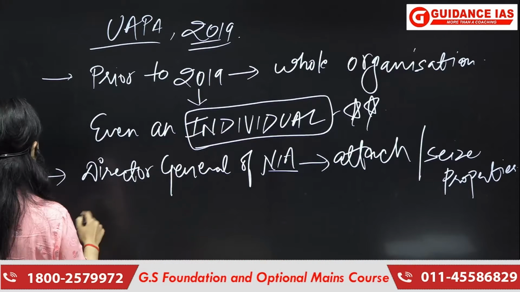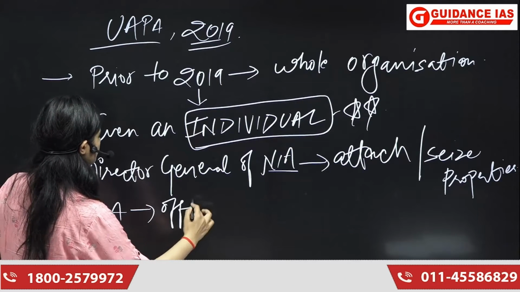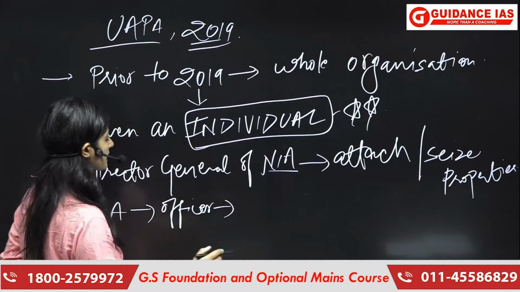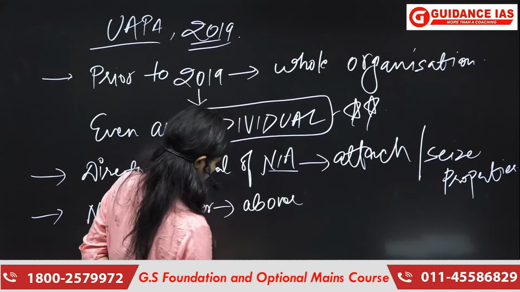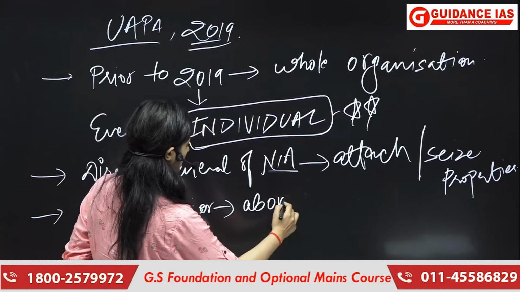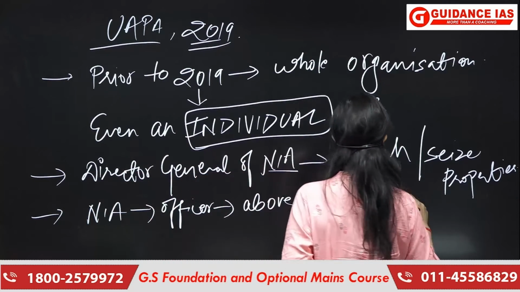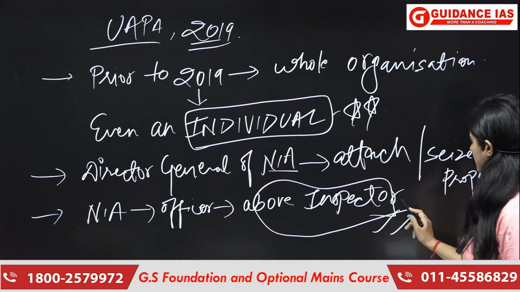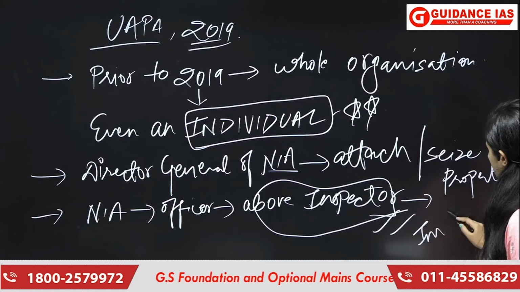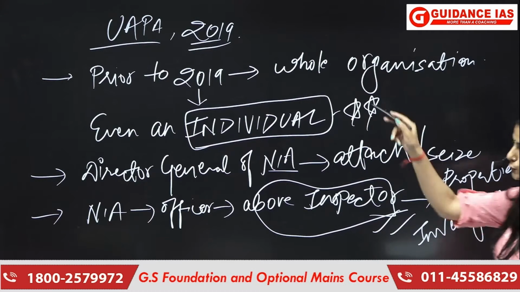Along with this, other officers in the NIA holding a rank above inspector are allowed to investigate cases under UAPA.